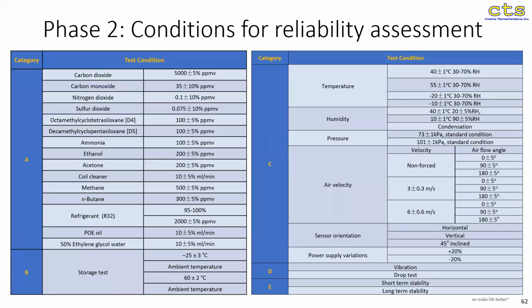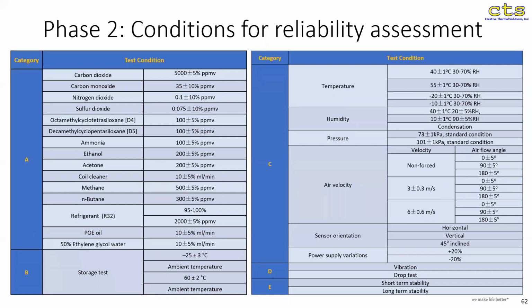Based on this, we have identified the method of tests. For these individual categories, we have summarized what we believe are the most important stresses to investigate. You see here a list of fluids that should be investigated, some of the common contaminants, products like coil cleaners, oil, pure refrigerant, and so forth. Storage tests go, as I said, from very low to very high temperature.